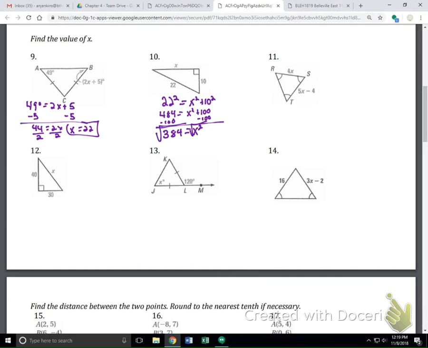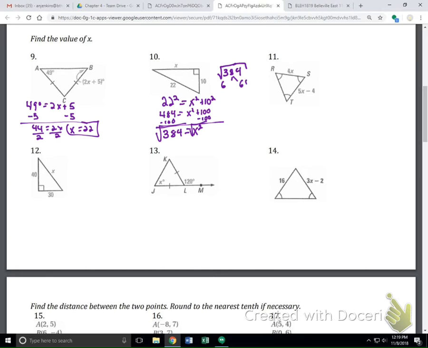We need to square root both sides. Is 384 a perfect square? No. So what do we have to do? We're going to take our square root of 384 and we're going to do a factor tree. So what goes into 384? 6 and 64.